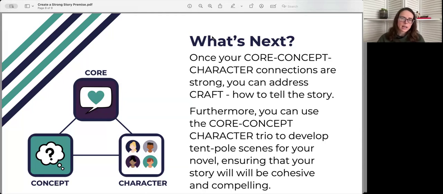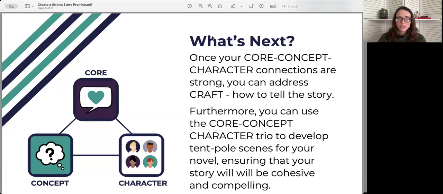This is when you are deciding things like what type of point of view you're going to use and what kind of tone you're going to write in. Sometimes even the genre can be part of your craft choice. You might have a story premise that could work at various different age levels, but once you choose whether it's going to be YA or middle grade, that certainly impacts how the story is told.